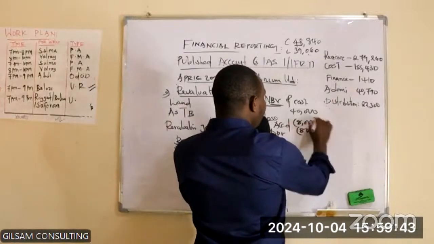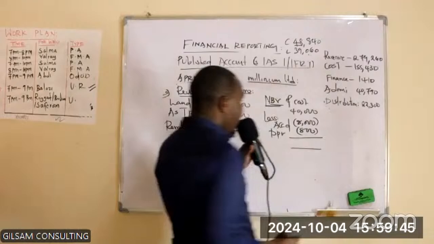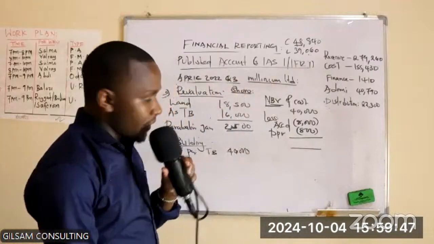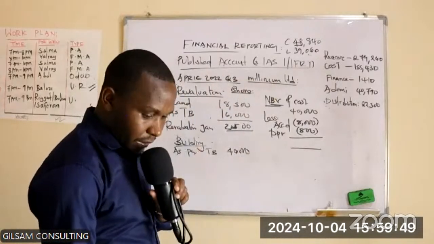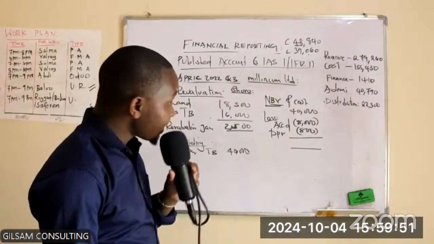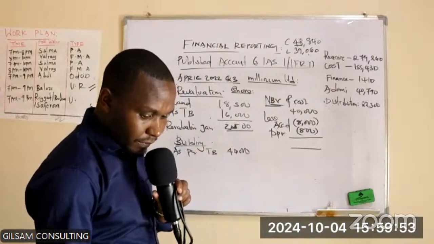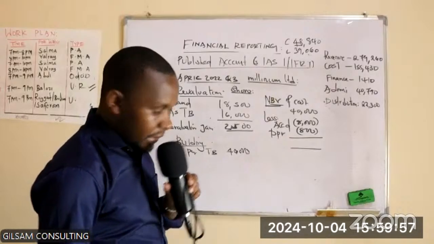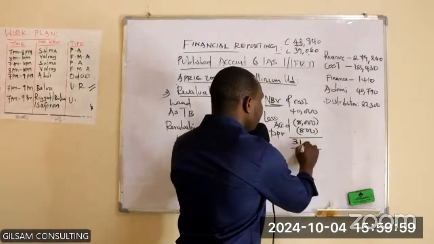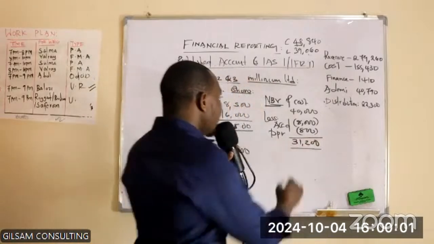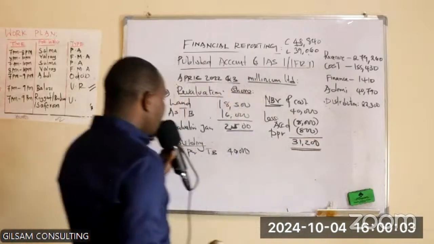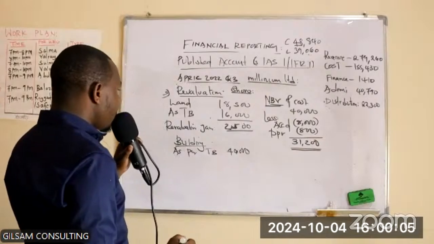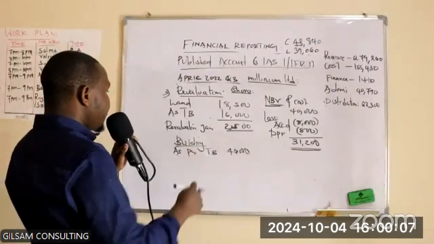So subtract this so that we can get the net book value. 40,000 minus 8,000 minus 800. I'm getting 31,200. This 31,200 is the current net book value.